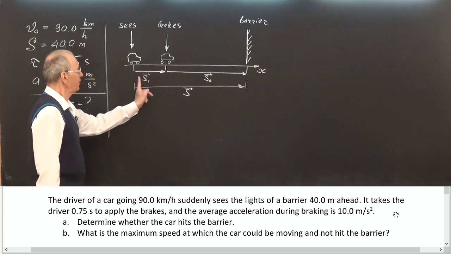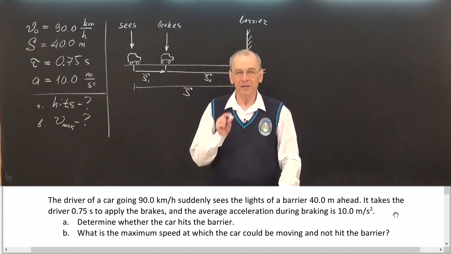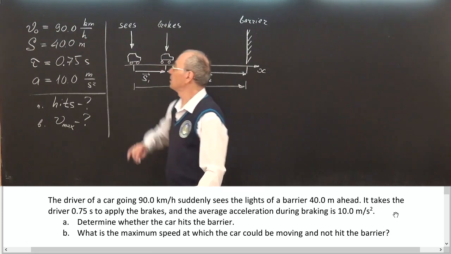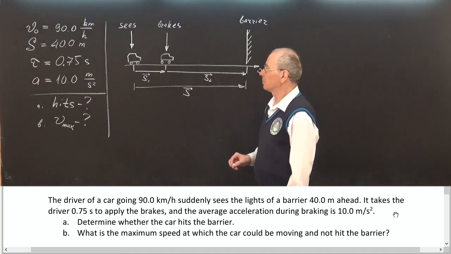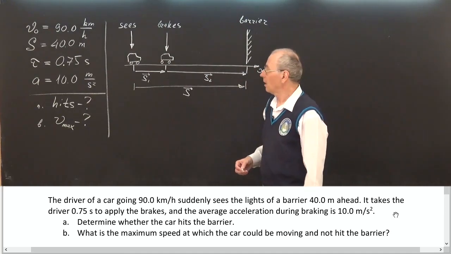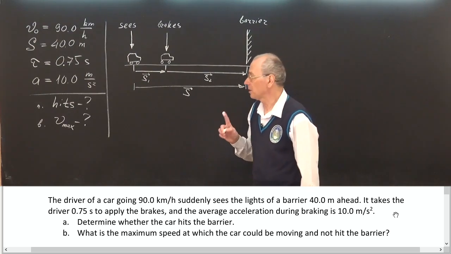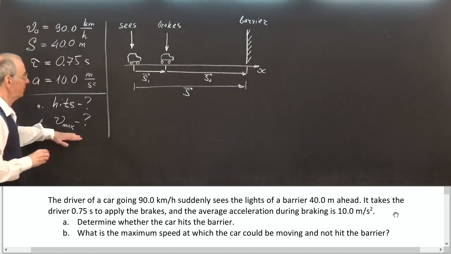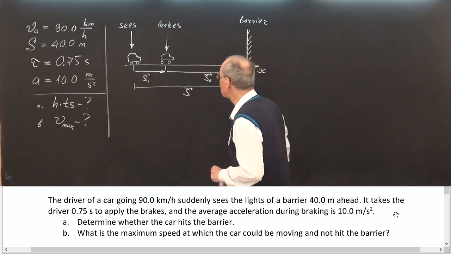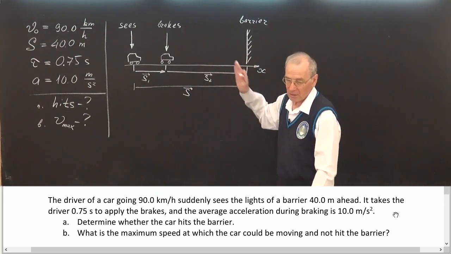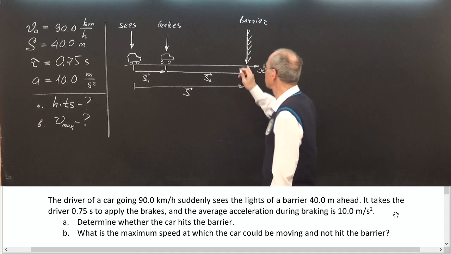During the displacement S1, the car moves at a constant speed of 90 kilometers per hour. Then the car starts braking, decelerates. Let's first answer the question, what is the maximum speed at which the car can move without hitting the barrier? So it stops immediately in front of the barrier.